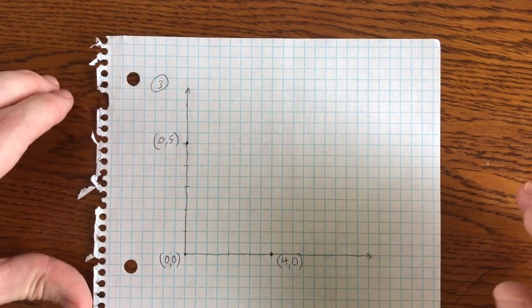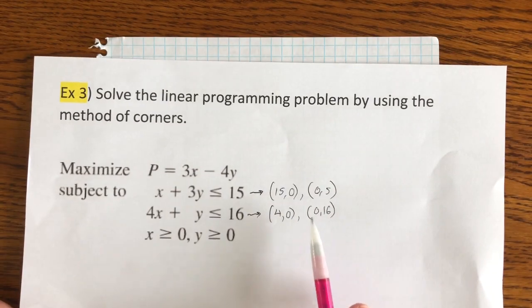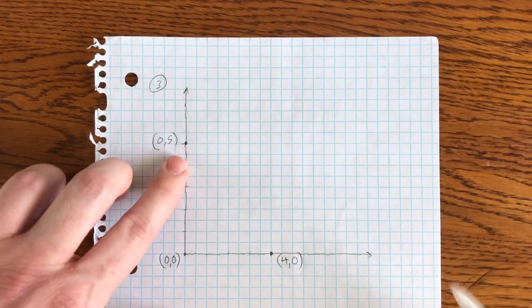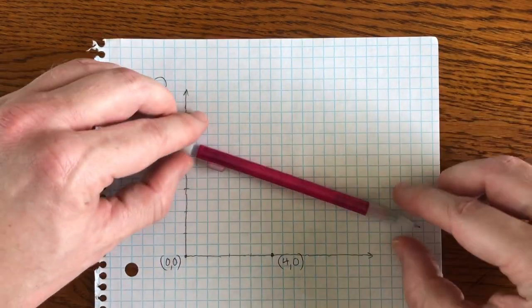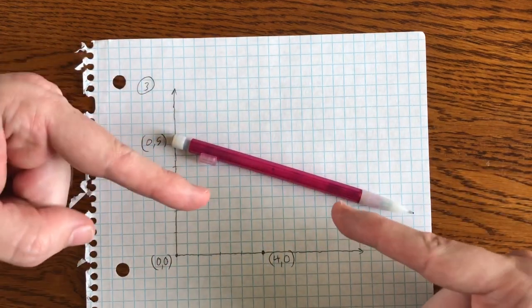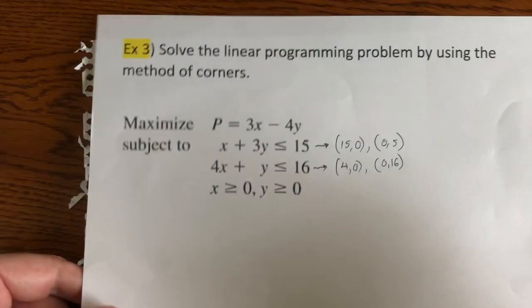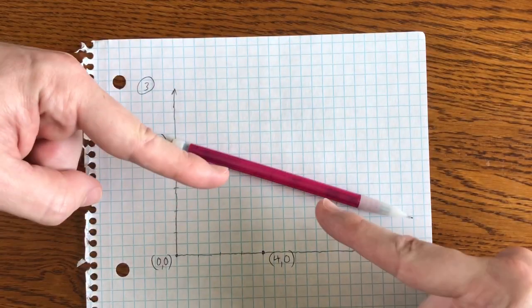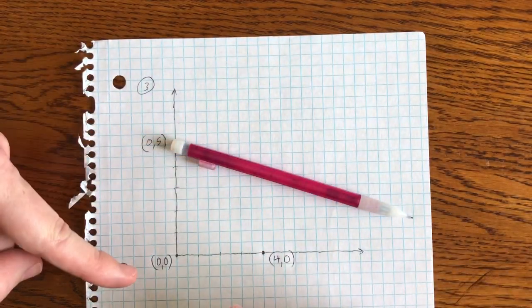Based upon these intercepts, (15, 0) and (0, 5), (15, 0) would be off the page based upon how I have this drawn. And because the inequality symbol is less than in both of these, you're going to be shading below the line, okay?